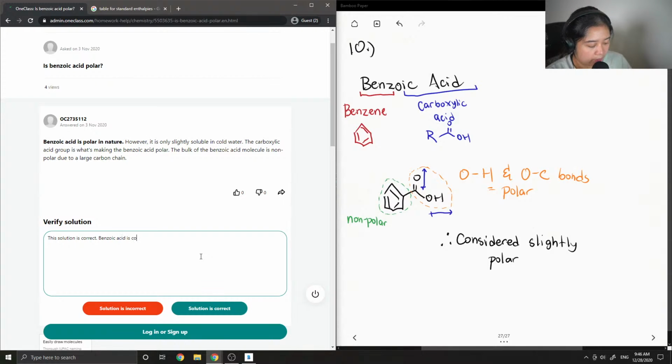Benzoic acid is considered slightly polar since the carboxylic acid group is polar and the large benzene group is nonpolar.